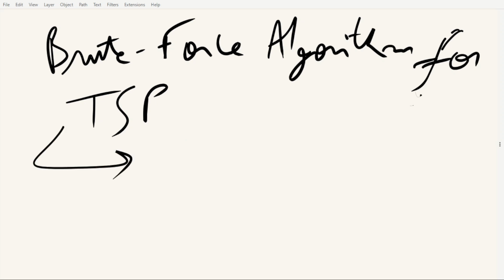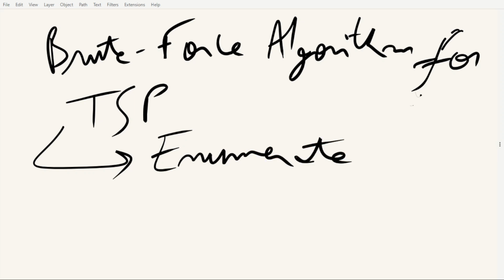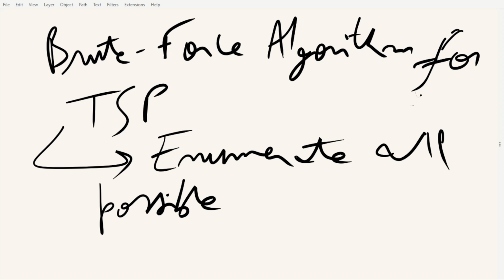Here what we do is simply enumerate all possible cycles. Better we call them simple cycles.